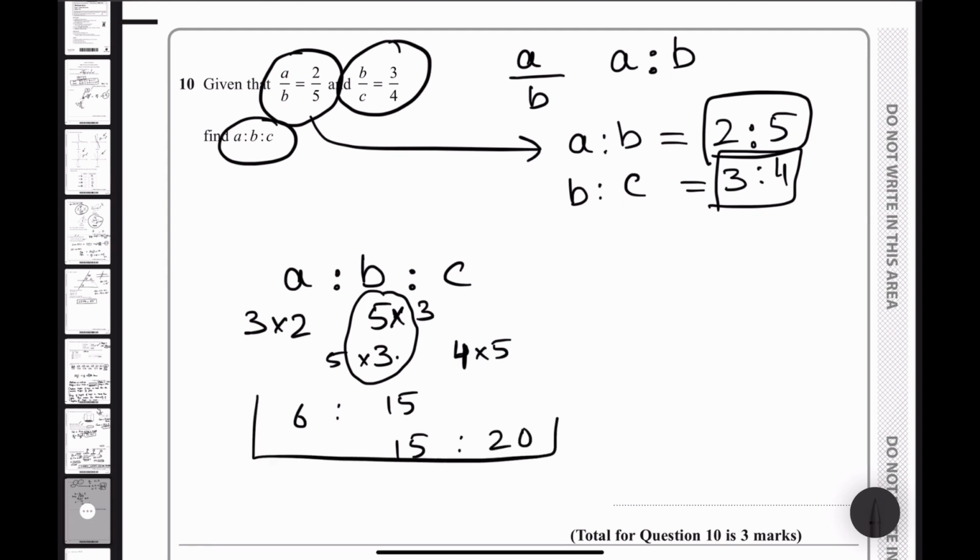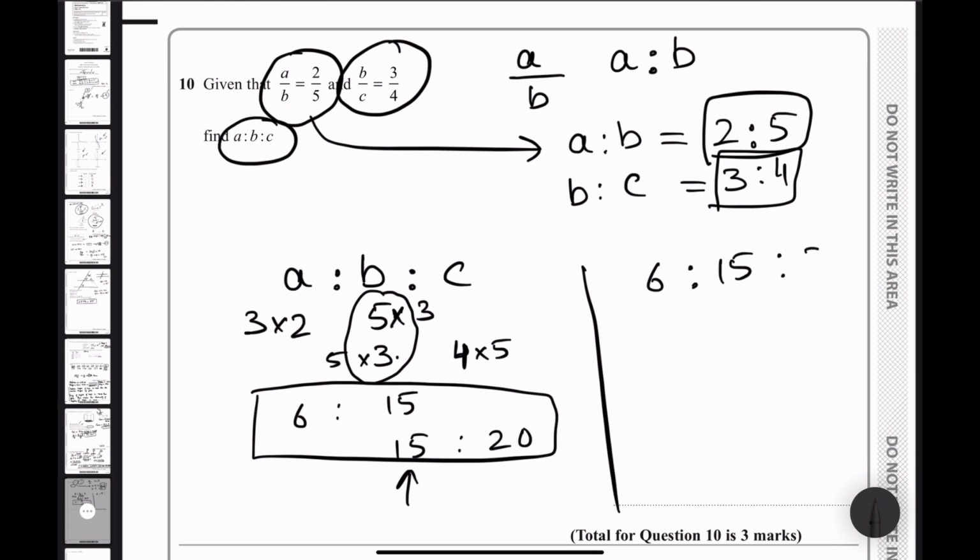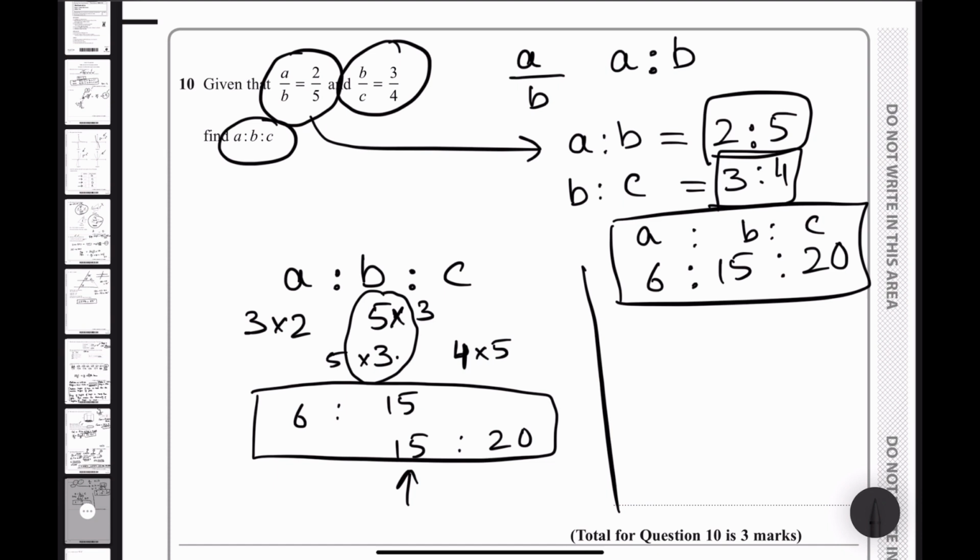Now I'll write them in the combined form, writing 15 only once. So it will turn into 6 ratio 15 ratio 20. That's our answer for a ratio b ratio c. So that's how we'll do question number 10.